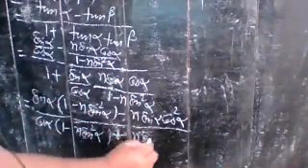In the denominator portion you have cos alpha into 1 minus n sine square alpha plus n sine square alpha cos alpha. You have the result like that.